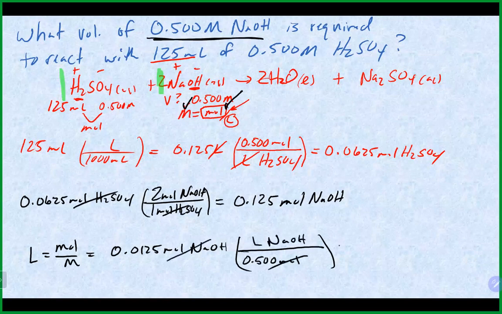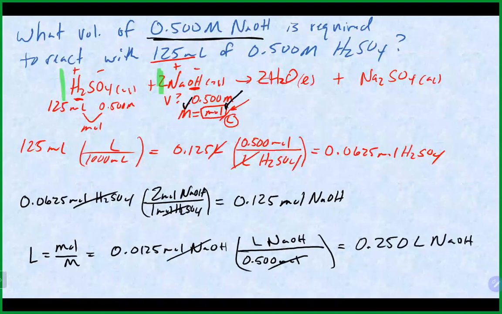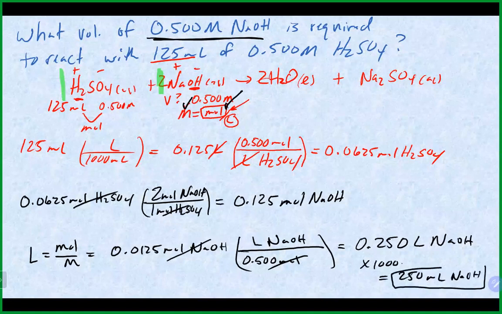Moles will cancel, and we'll take that divided by 0.5. And that will get us 0.25 liters of sodium hydroxide, which again, if we times it by 1,000, we'll turn it into milliliters, or about 250 milliliters of sodium hydroxide in this particular case.